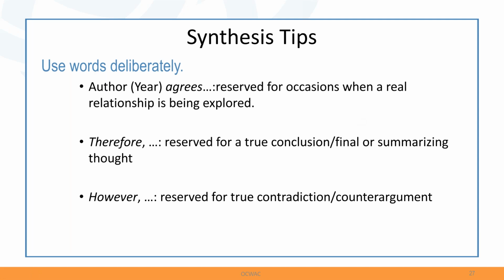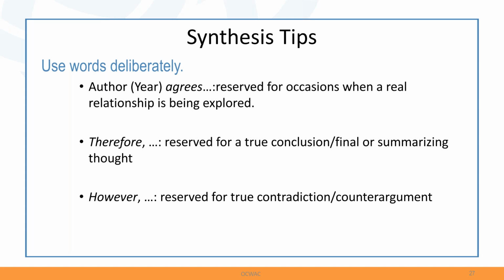Again, you also want to make sure you're using words deliberately. So if you say that one author agrees with another, make sure that that's true, right? Don't just put it in there because it helps the paragraph flow a little bit. I will often see, let's just say, Marshall, 2008 noted such and such.